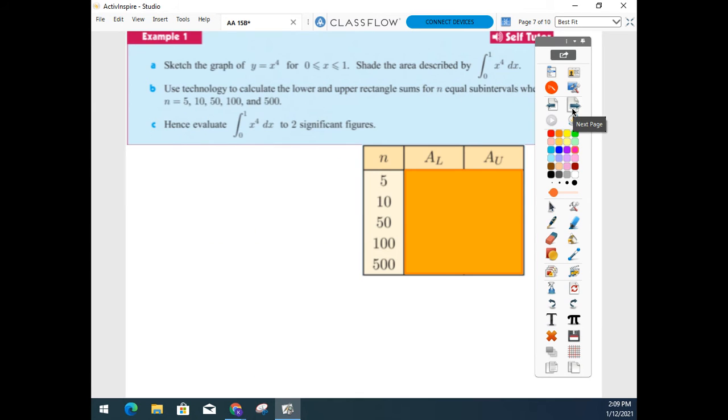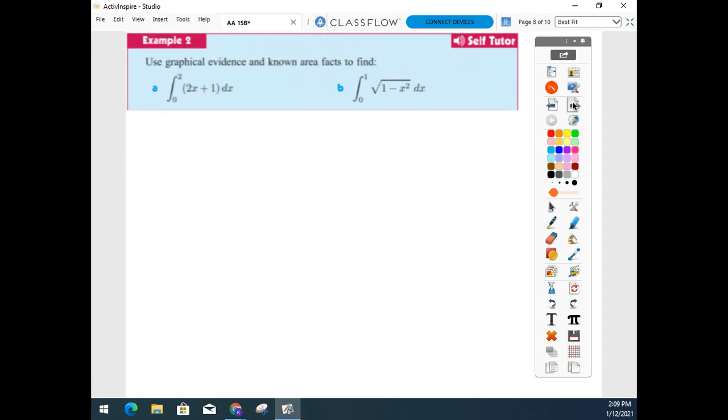All right. I'm not going to spend much time on example 1. It's just using your calculator, doing that whole n is 5, 10, changing, and using the summation math 0 on your calculator. I don't want to spend much time on this because it's not going to be a huge thing.